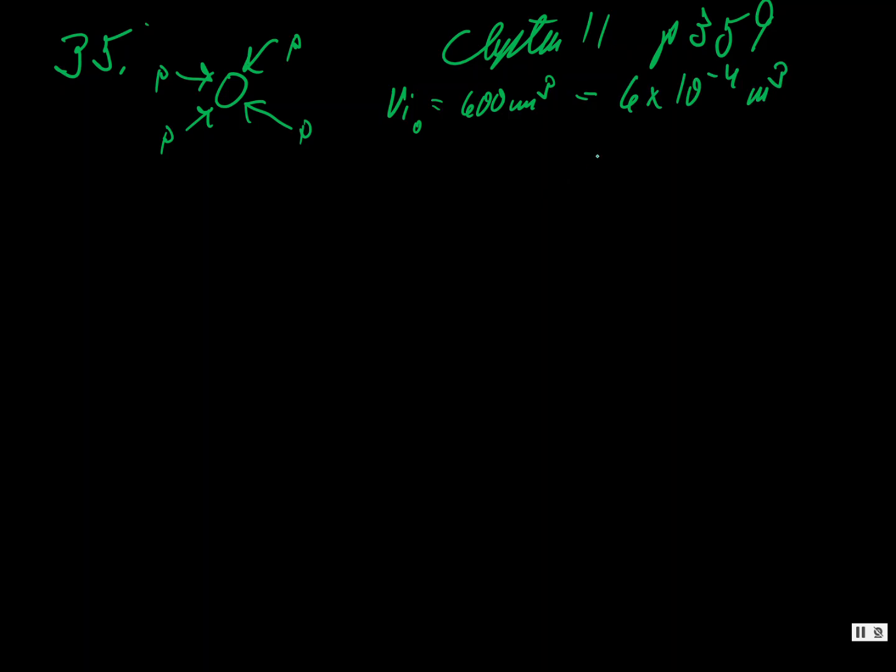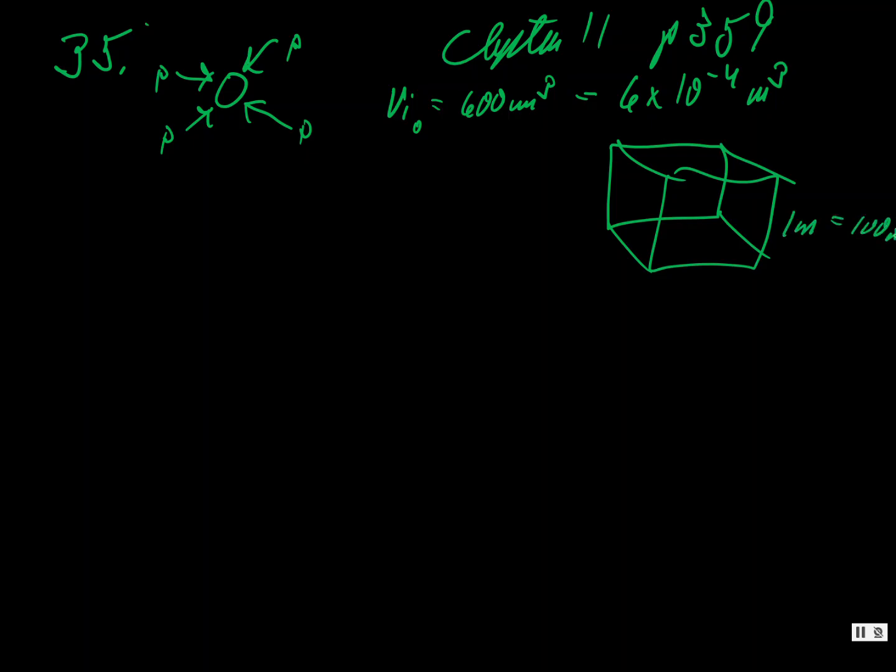If we draw our box, and I taught this in class at the beginning of the semester. Okay, 1 meter is how many centimeters? It's 100. So 1 meter cubed is equal to what? Well, 100 times 100 times 100 is 1,000,000.